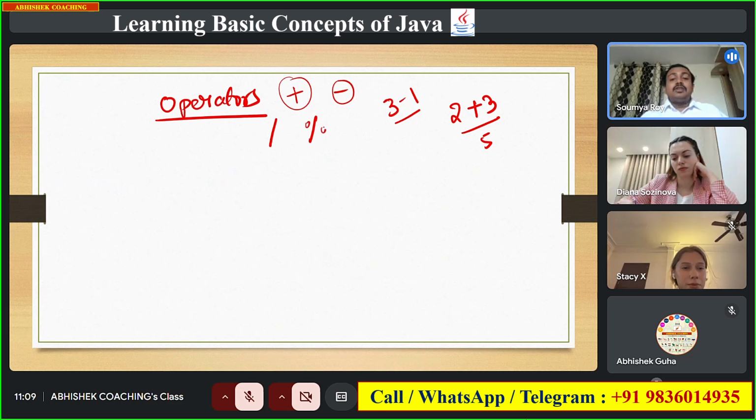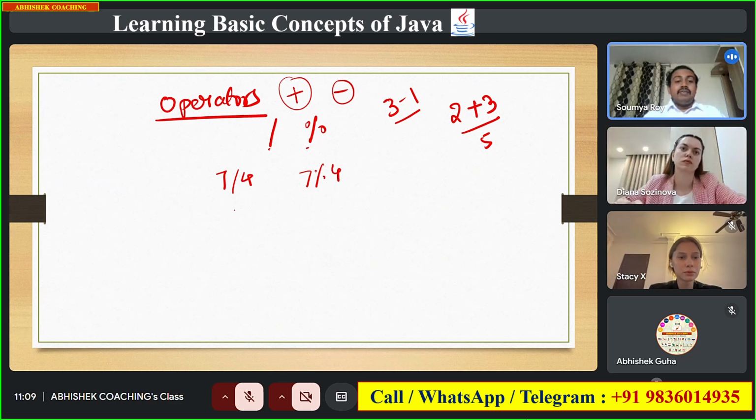There is another operator called the remainder operator, that is used to take out the remainder. Just to differentiate between the two, if I write 7 divide 4 and 7 remainder 4, these are two different things. If you divide 7 with 4, the answer will be 1.75.